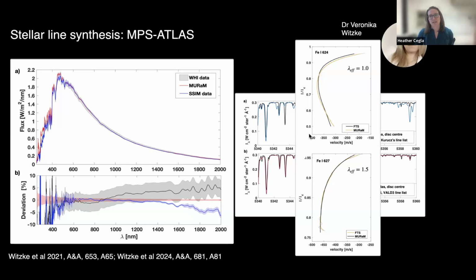So I'm showing you the bisector of two different iron lines, and they're not particularly magnetically sensitive. I've got the Landé factors here, and you can see that the FTS observations match really quite well the combination of Miram and MPS Atlas. The Miram simulation that is underpinning this is a small scale dynamo, and the observations are the quiet sun. So you can see we've got pretty good agreement observationally.